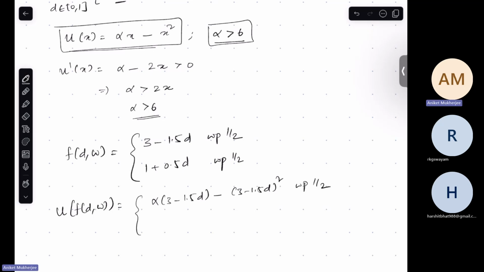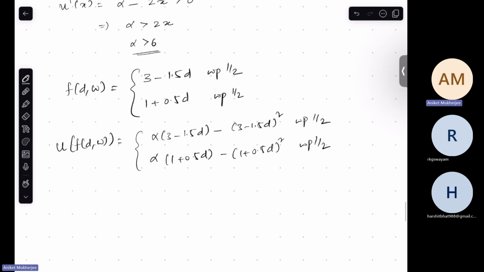These are just calculations. If you feel bored, I might skip the calculation and write down the whole thing at once, but I think doing the calculation once will give you some idea of what is happening. So for the first one: alpha times 3 minus 1.5D, minus 2.25D square, minus 9D, with probability half.